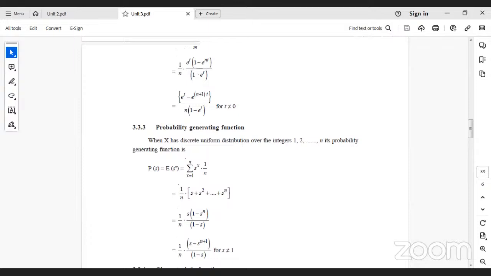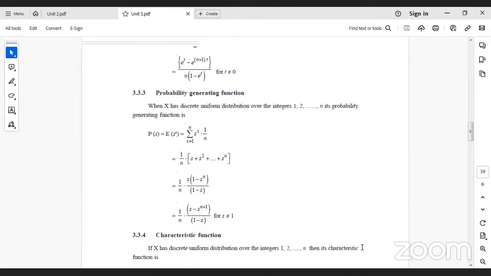Taking s, s square, s cube and so on up to s power n, we get 1 by n into s into 1 minus s power n by 1 minus s. So on simplification, s into 1 minus s power n by 1 minus s, for s not equal to 1.